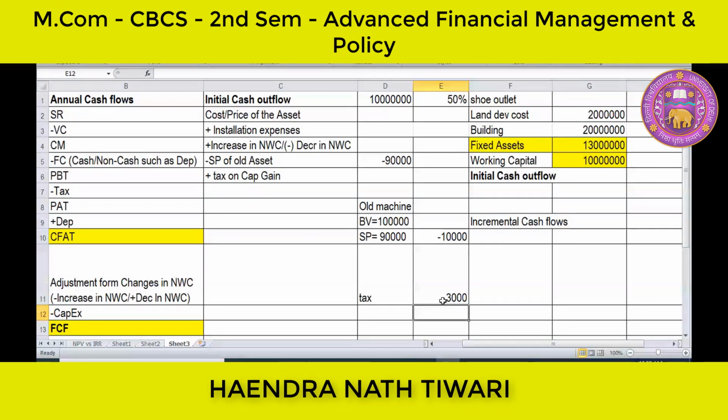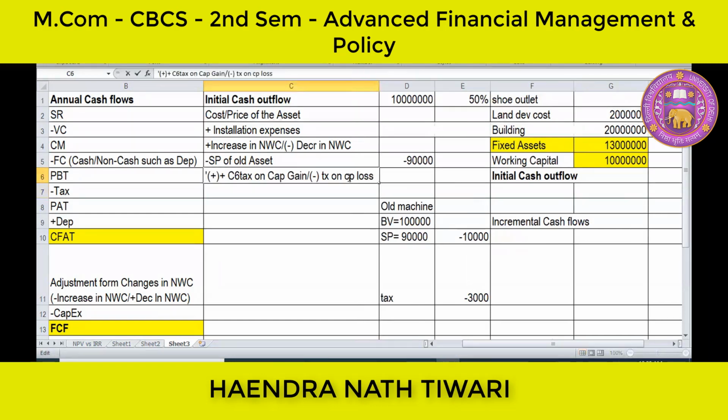So this 3,000 will also be taken as cash inflow. So 90,000 I will have as selling price, and 3,000 I will save as taxes. So you add tax on capital gain and you subtract tax on capital loss.